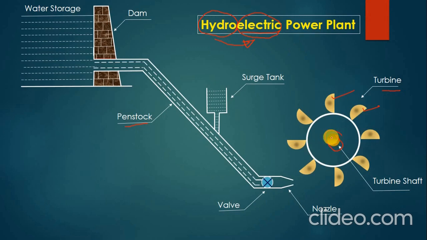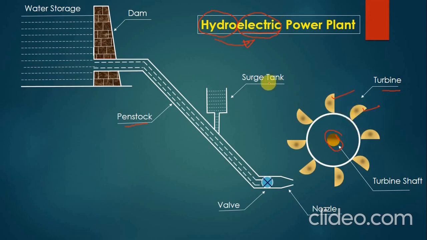The function of the electrical generator is to convert mechanical energy into electrical energy. Here we have not shown the electrical generator, but you have to assume that this shaft is connected to an electrical generator. The electrical generator will take mechanical energy from this and give you output as electrical energy. In order to avoid confusion, I have specifically not shown the electrical generator.